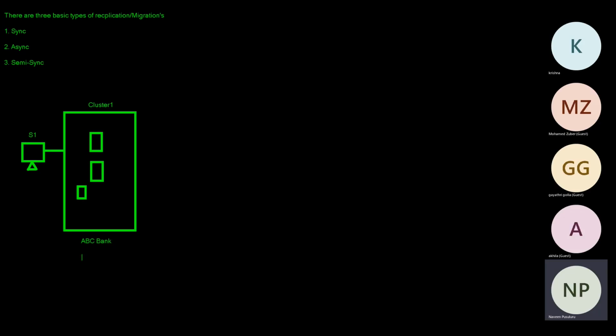And here I have hosted very critical applications like internet banking and mobile banking applications. One is the internet banking website I have hosted, and another one is mobile banking. So normally the applications are installed on this server, but the backend data is stored in the cluster.